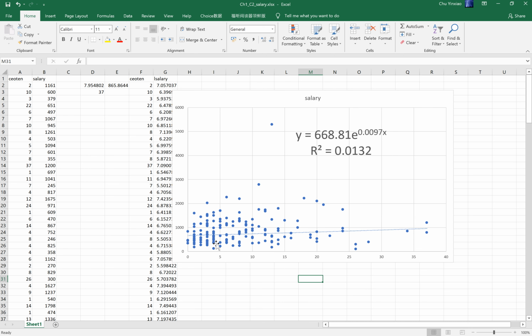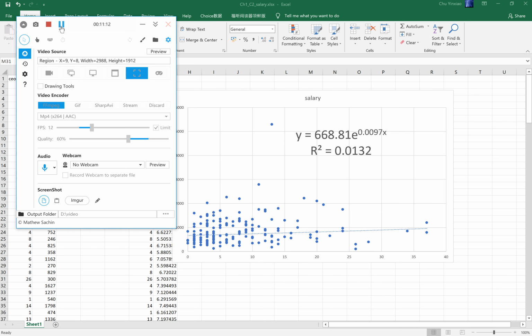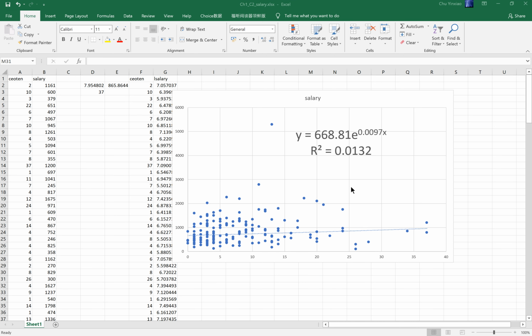So when we fit the regression of log salary on CEO tenure, this is the other way to do regression with log salary. We use fitting the trend line with exponential instead of the linear one. Okay.